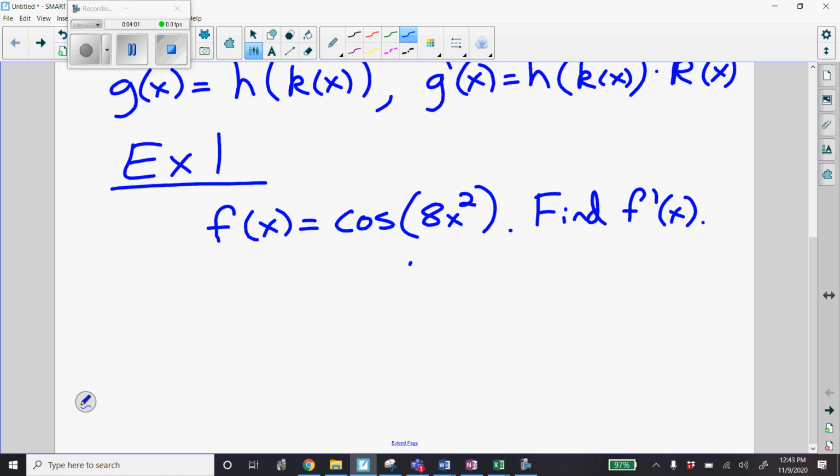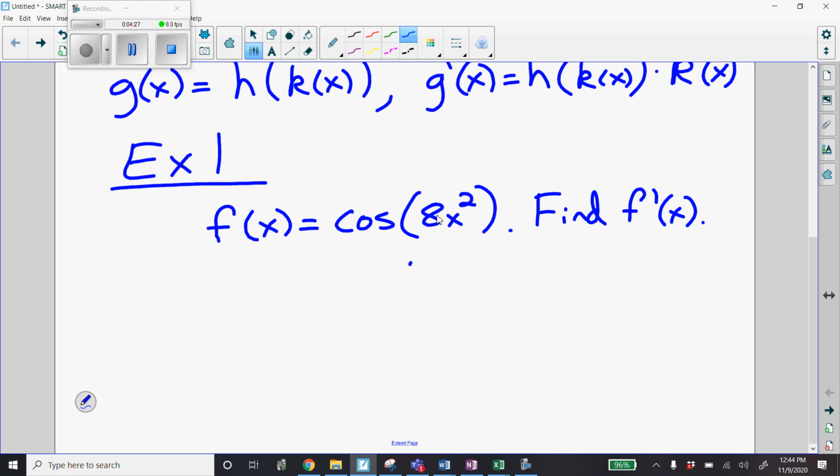So if f of x equals cosine of 8x squared, we're supposed to find f prime of x. Now, if this question was just cosine x, that would be a derivative that we have memorized. We know the derivative of cosine x is negative sine x. But because we're doing cosine of this other function that is something other than just regular old x, we have to use the chain rule in order to solve this.